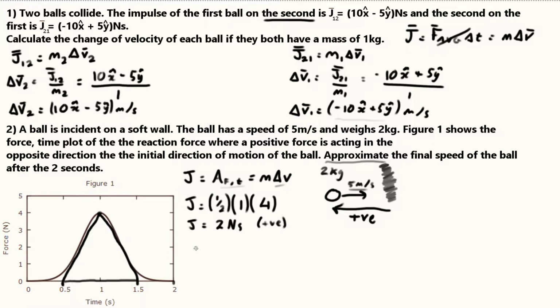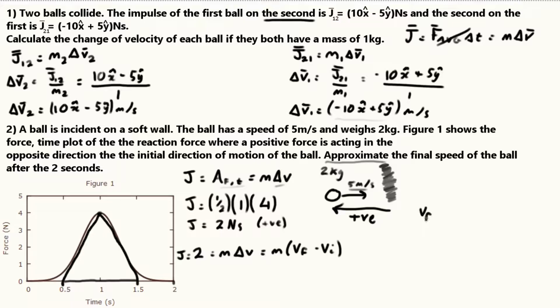We know then that this 2 newton seconds, which is equal to J, is also equal to our mass multiplied by our change in speed, which is also equal to our mass multiplied by our final speed minus our initial speed. Let's define these really quick.